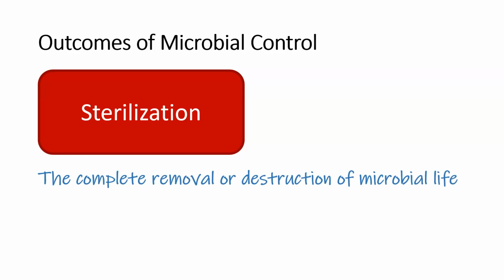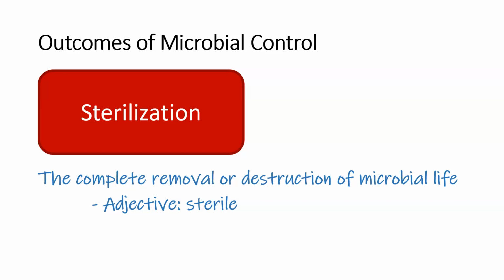Sterilization is the most extreme outcome of microbial control. It is the complete removal or destruction of microbial life from a surface or a substance. A substance that has been sterilized is described as sterile. It's the adjective there. It is important to note that a substance is either sterile or not.